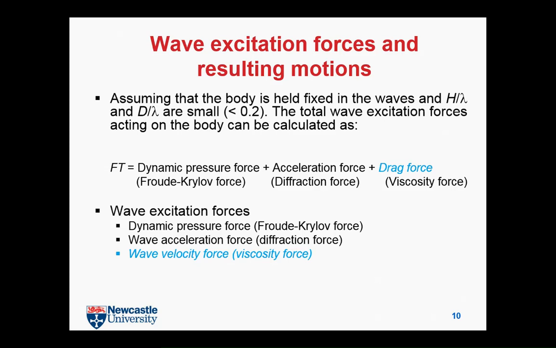In other cases, we will use the other one. For example, if the wave height over the length is higher than 0.2, I don't have that case in my module.